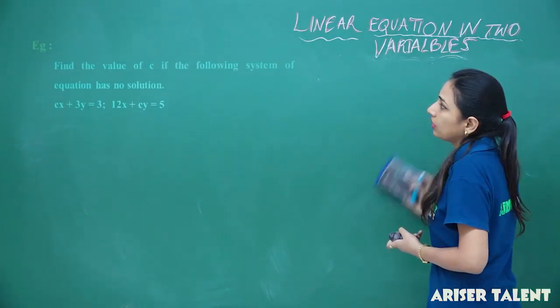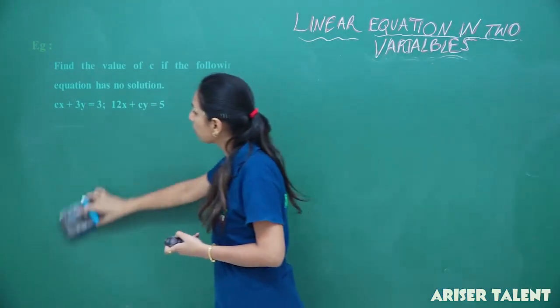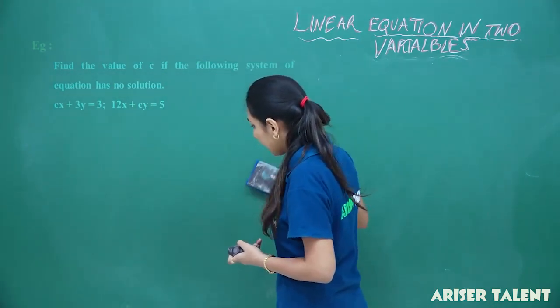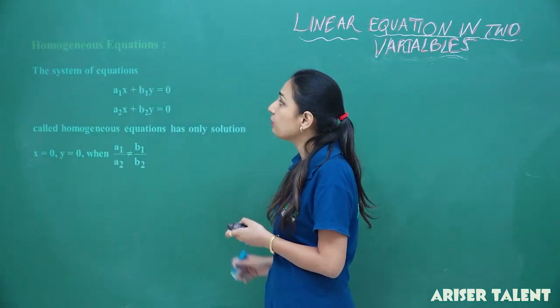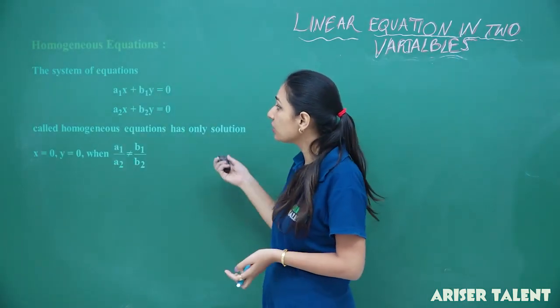Now, on these particular principles and characteristics of linear equations in two variables, we found the values and we found the homogeneous equation.